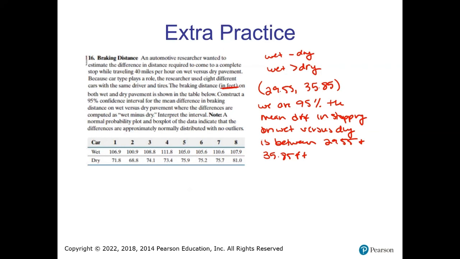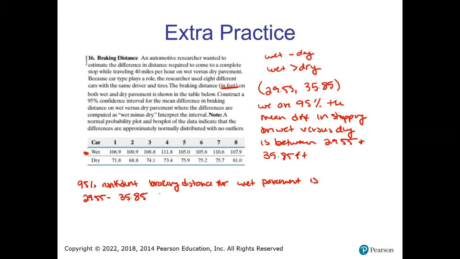Both of these were positive. That means that we can be about 95% confident braking distance for wet pavement is 29.55 to 35.85 more feet than on dry.